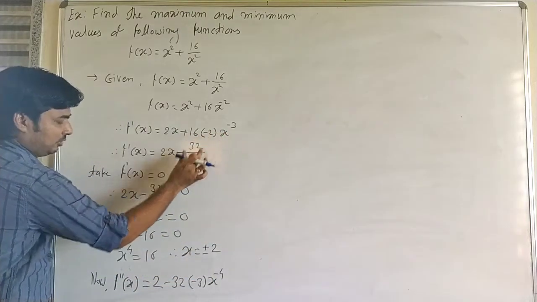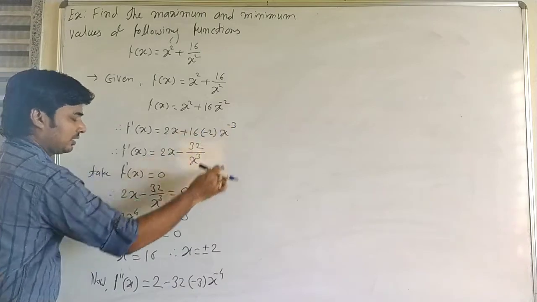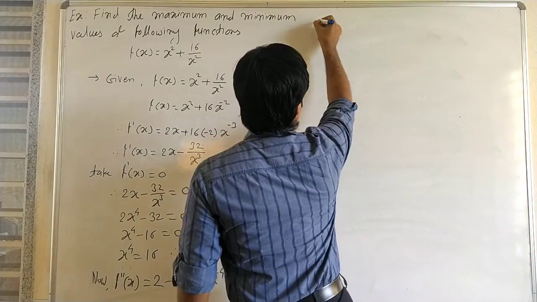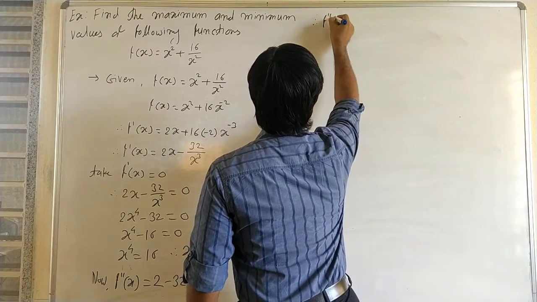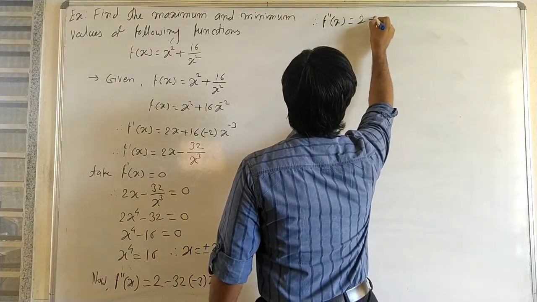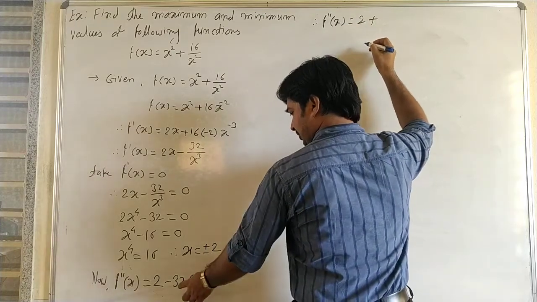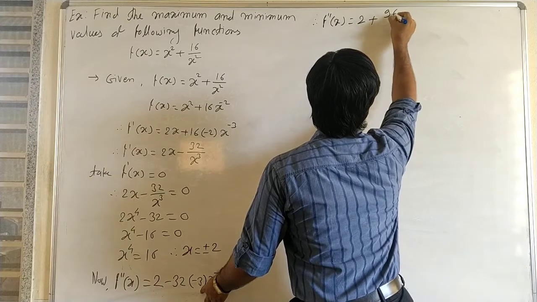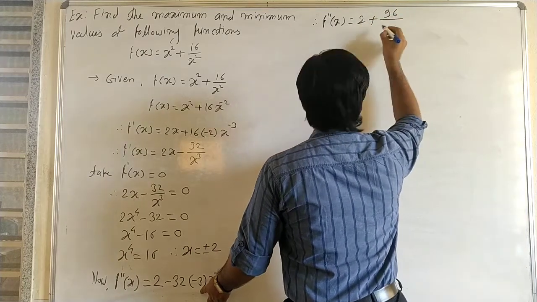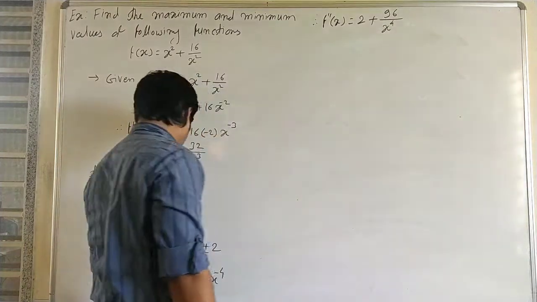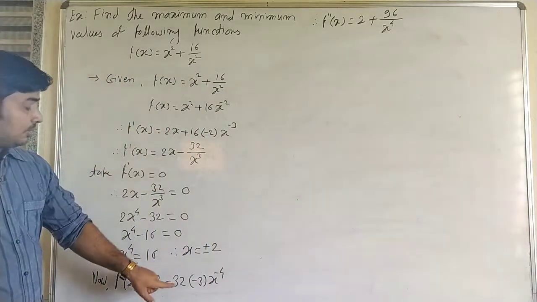Derivative of minus 32 as it is, and x to the power minus 3 is a derivative. Therefore, f double dash of x is equal to 2 plus, it is 32 into minus 3, it is 96 upon x to the power 4. It is f double dash of x.